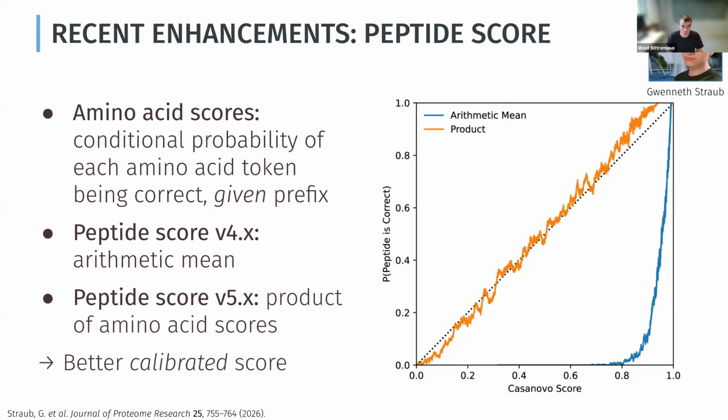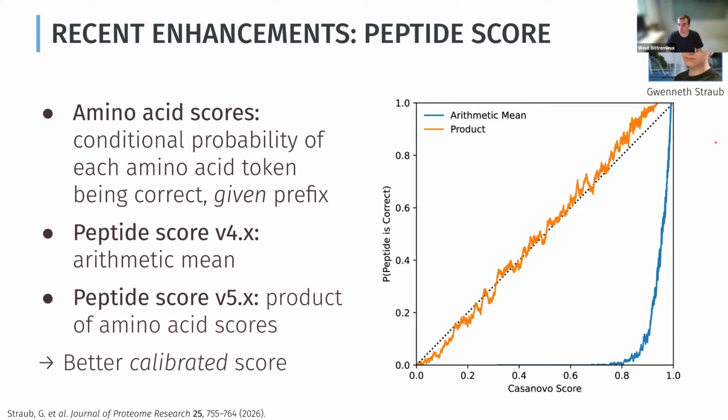In version 5, we started using the product of the amino acid scores as a peptide score instead. And this gives a much better calibrated score, where you now see that the peptide score very nicely correlates with the probability of the peptide being correct, and maybe even being a little bit conservative in the high score region.